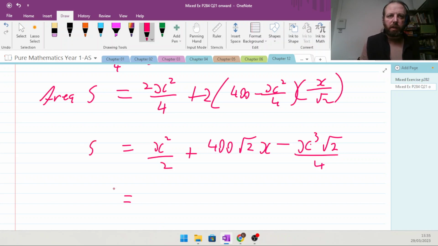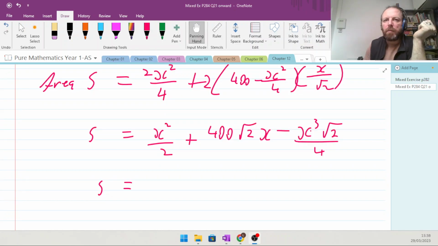This equals s, this equals s. x squared over 4. So this is looking highly messy, but we will continue with it anyway.